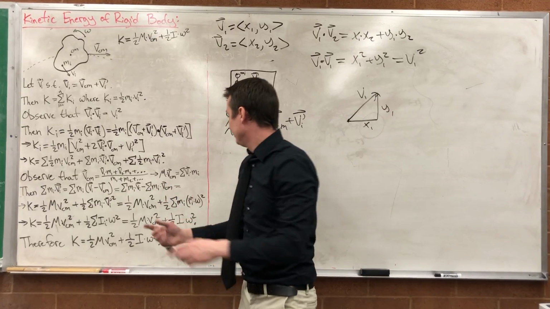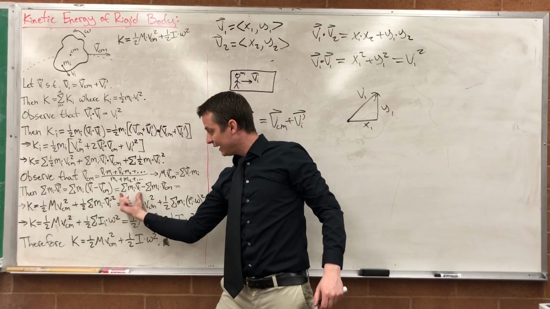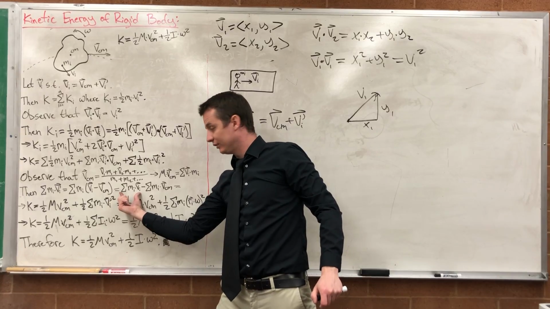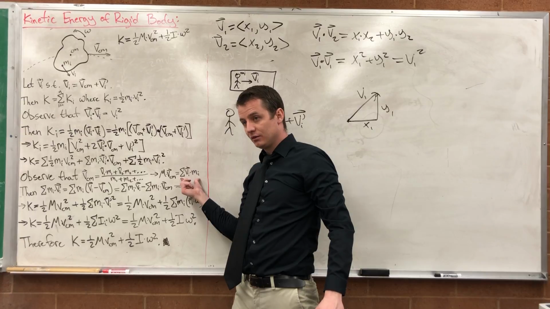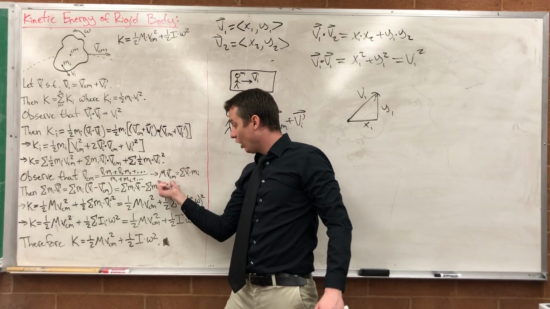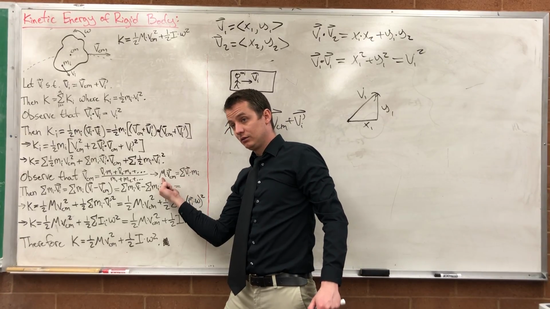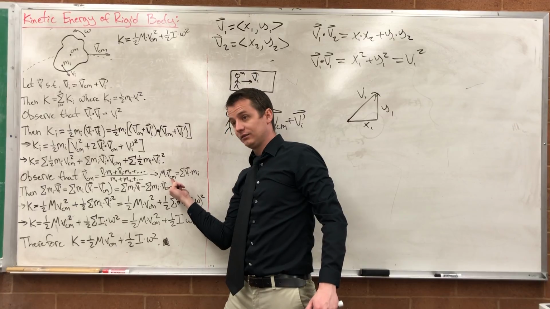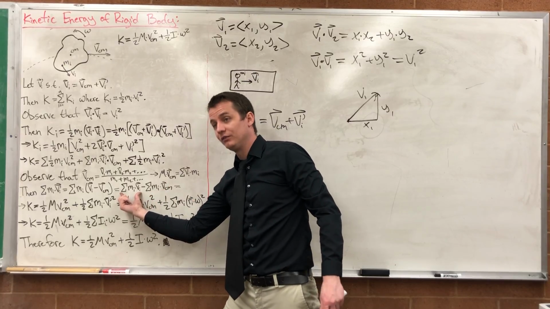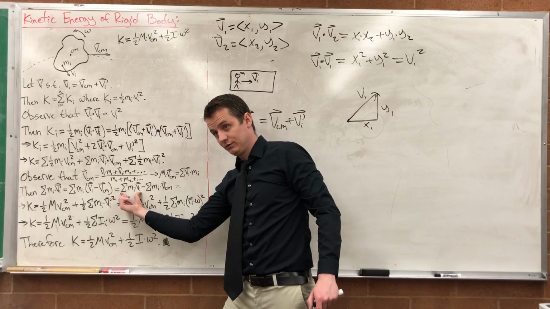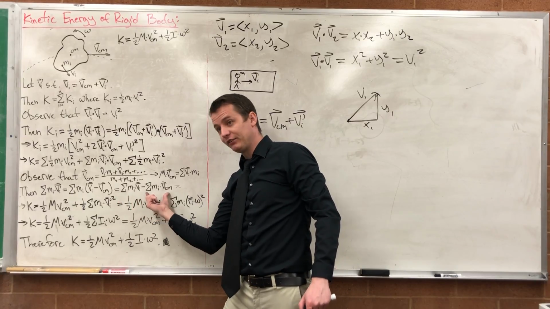No, I didn't. Let's say that again. Notice that this right here, the sum of the masses times the velocities, is exactly what we have right here, which we've shown is the total mass times the velocity of the center of mass. So right here, I have the total mass times the velocity of the center of mass. Minus, what do I have right here?